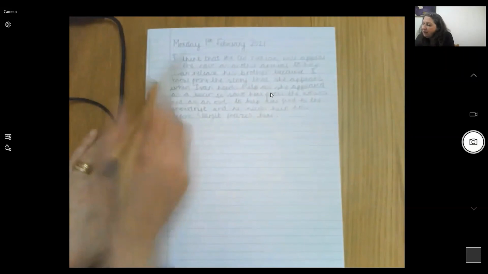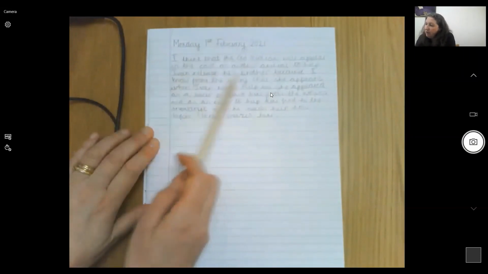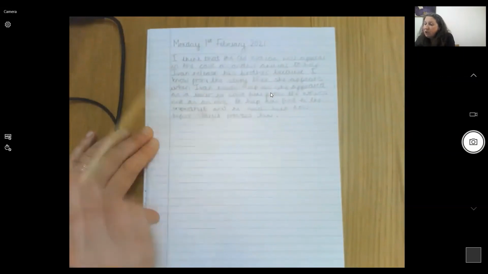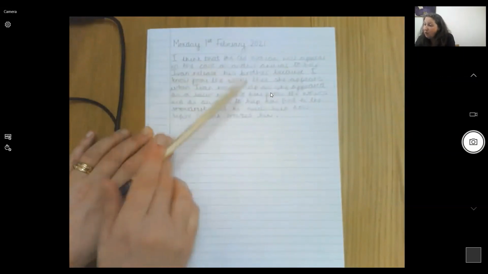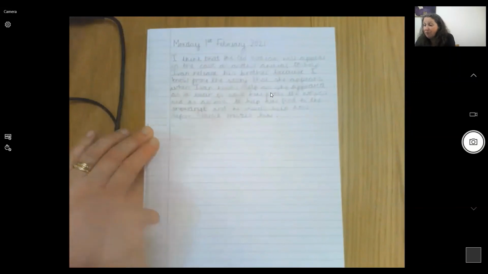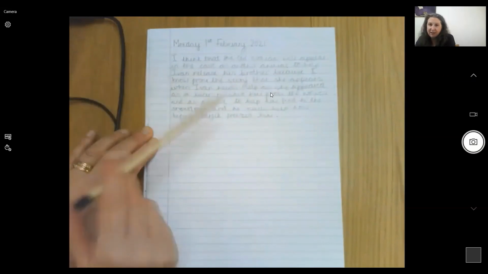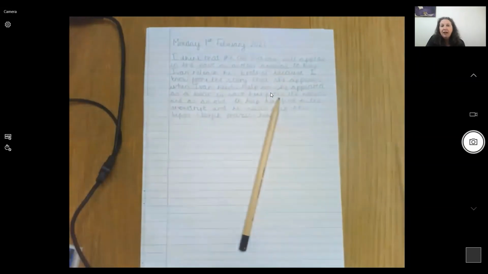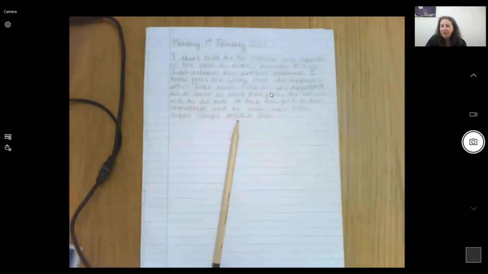So I think that the old woman will appear in the cave as another animal to help Ivan release his brother, because I know from the story that she appears when Ivan needs help, that she appeared as a bear to save him from the wolves, and as an owl to help him find the snowdrift, and he needs help now before Stargic freezes him. Okay, that is my prediction. I have written that in my book, made sure I've got my full stop at the end, my capital letter at the start of my sentence.